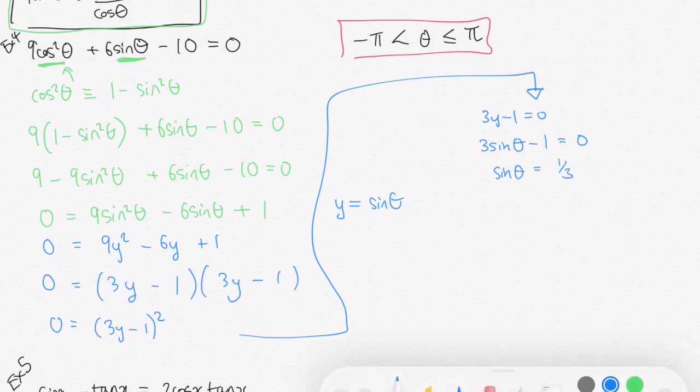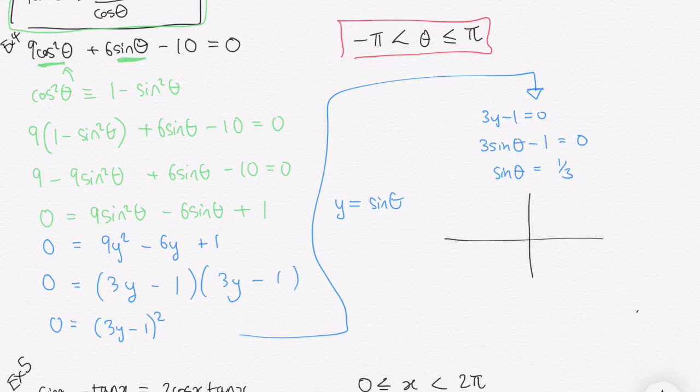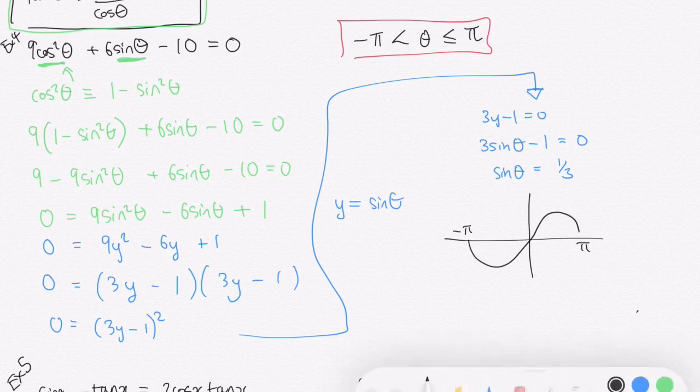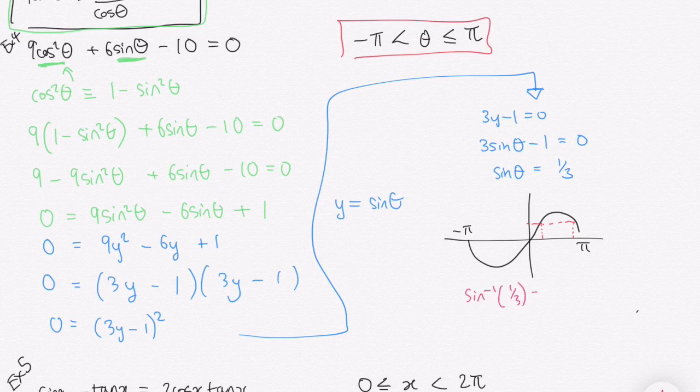And now let's think about our sine graph and where our solutions are going to be. Well, we only need to go between minus pi and pi, so we can see our two solutions to this equation are here and here. And sine inverse of a third is not one of those nice values that we should know.